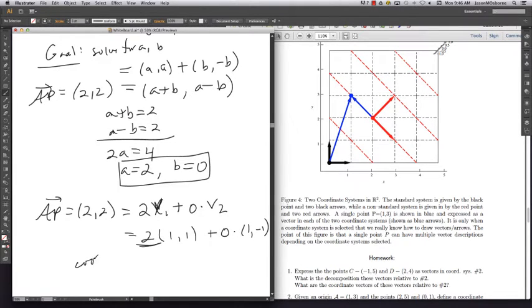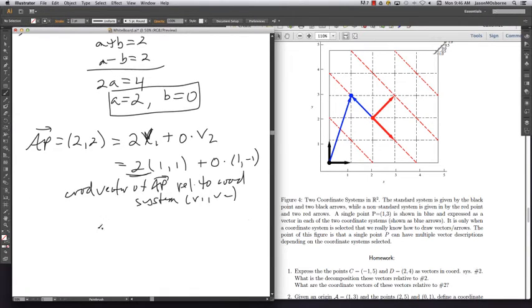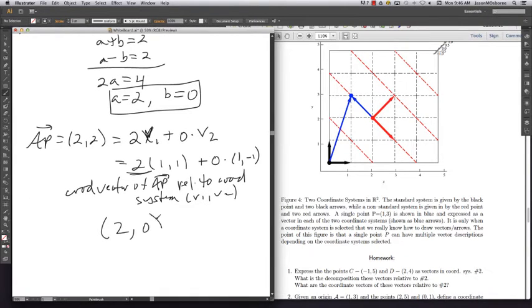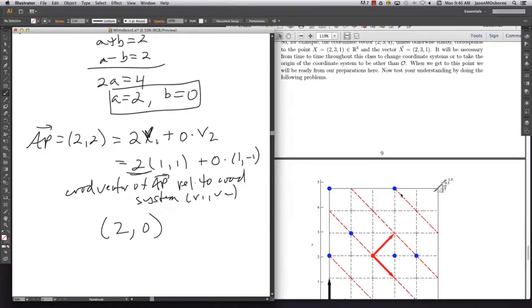So your coordinate vector of the vector AP relative to the coordinate system v1, v2 is 2, 0. Okay, so let's see if we can look at another picture here.